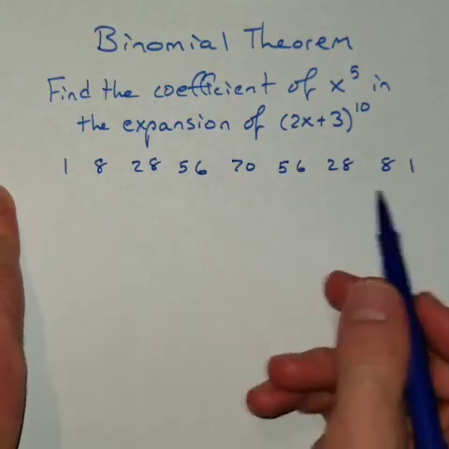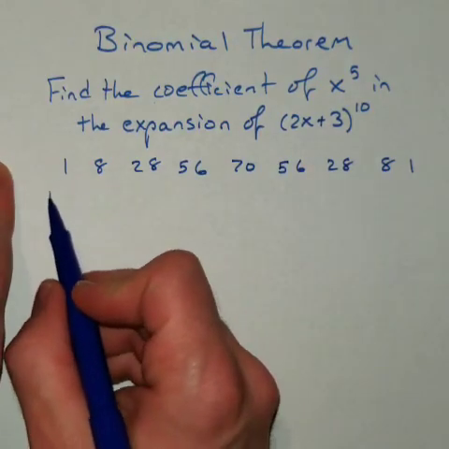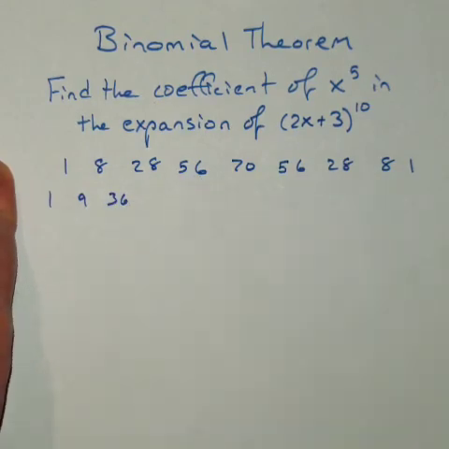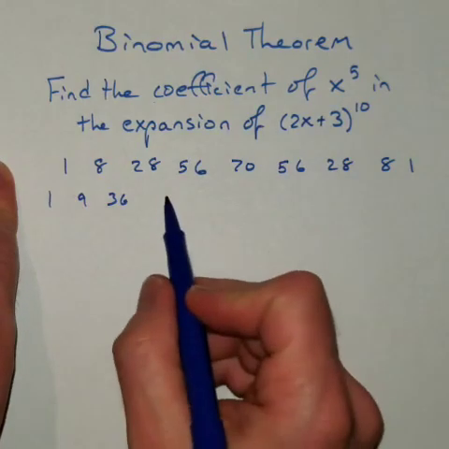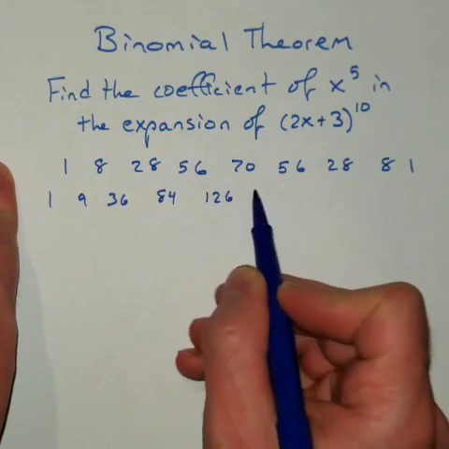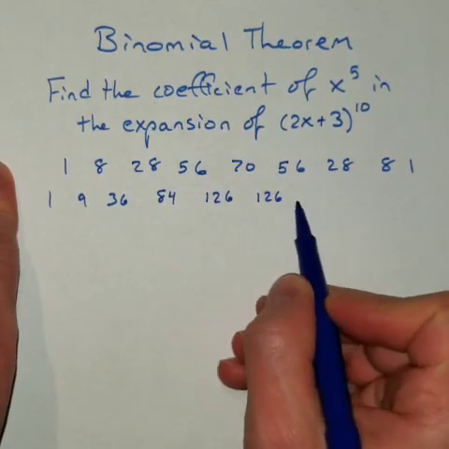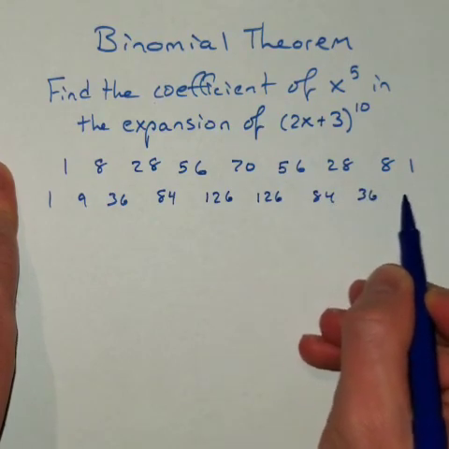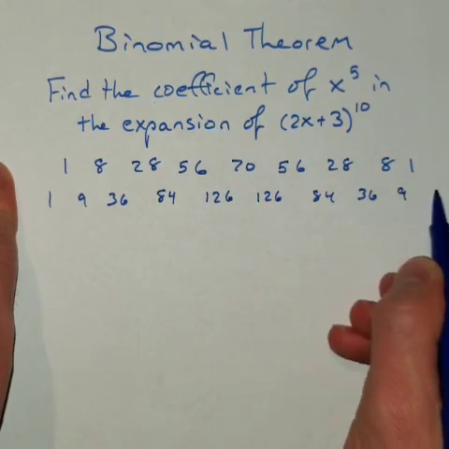And so if I just add two more rows to that, let's see, 8 and 1 is 9, that's going to be a 36, 28 and 56 is 84. This is 126, that's 126, 84, 36, and 9 and 1.